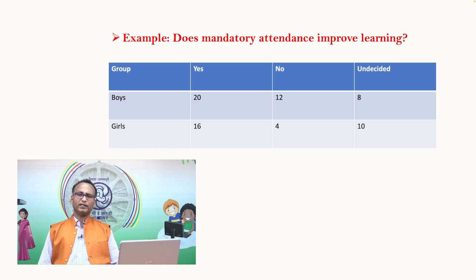Now, you want to determine whether the difference of response among boys and girls is significant, or it is due to chance, or it is due to some error factors. If this is your question, the chi-square will help you, by suggesting whether the responses between boys and girls are significantly different, or it is due to errors.